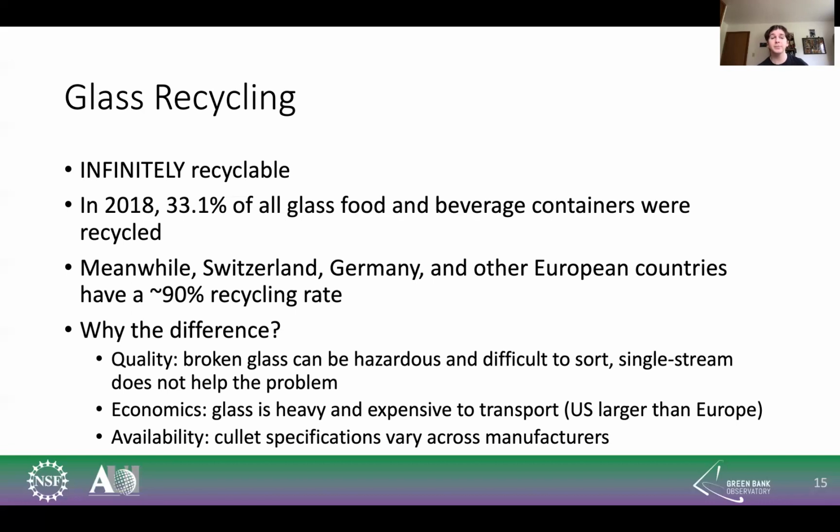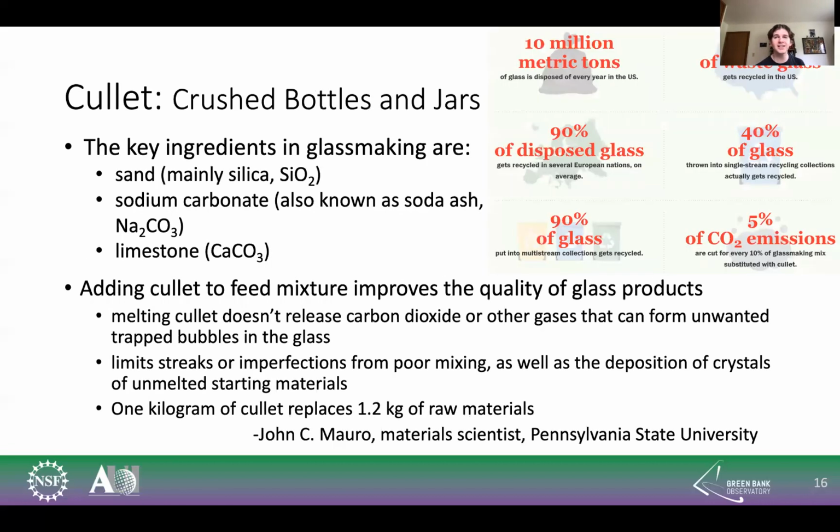And next is availability of the materials. Cullet can vary in specification needs across different manufacturers. And what, you may ask, is cullet? It is basically the crushed bottles and jars that are produced after being sorted to make it back into the recycling process.